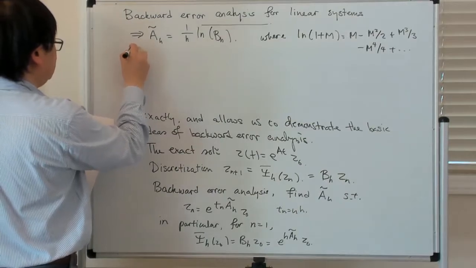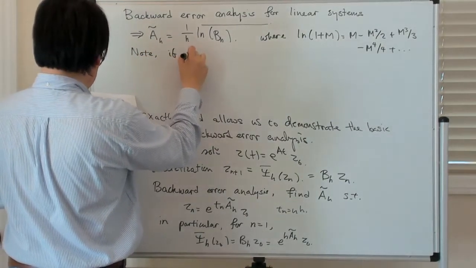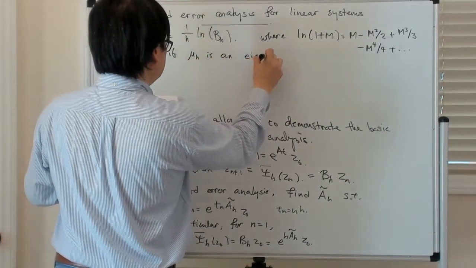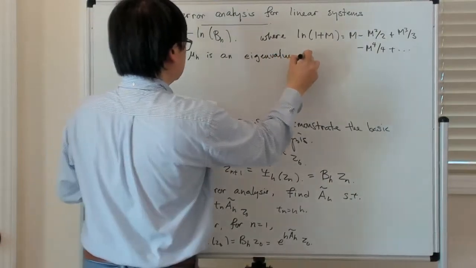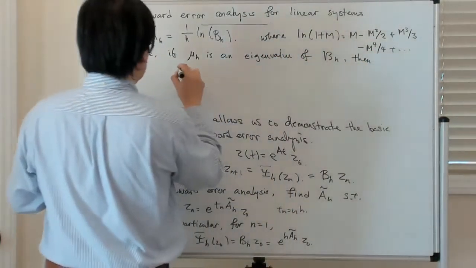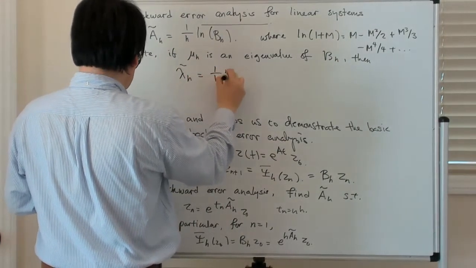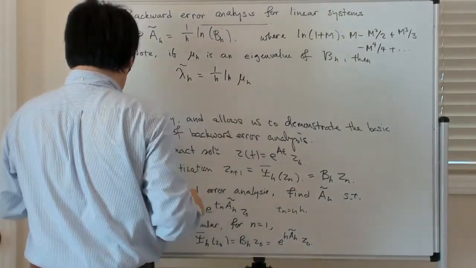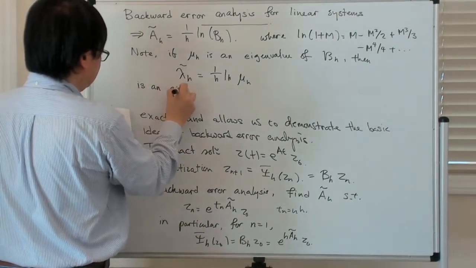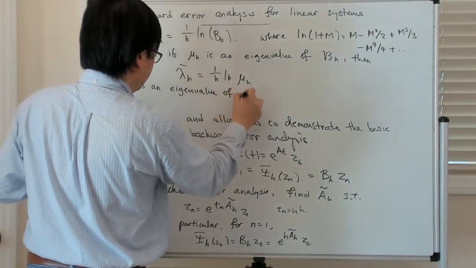So note the following: if mu_h is an eigenvalue of B_h, then lambda_h tilde, which is 1/h times the natural log of mu_h, is an eigenvalue of A_h tilde.